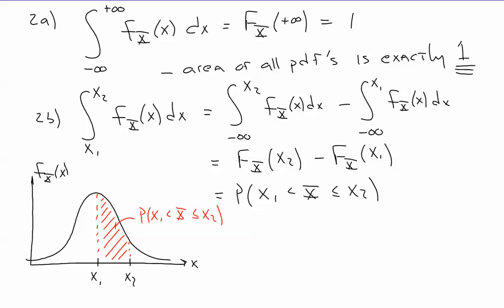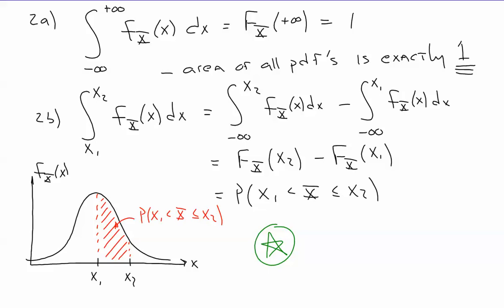All right. Over time, property 2b will probably be our most important and potentially most useful property. All right. So I'll put a big star on this and say that's an important thing to know.